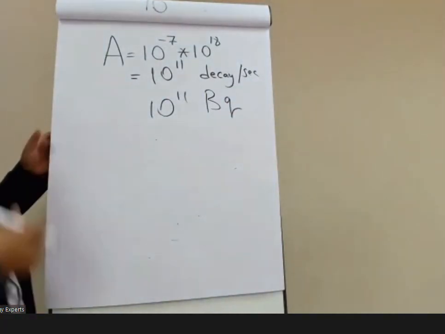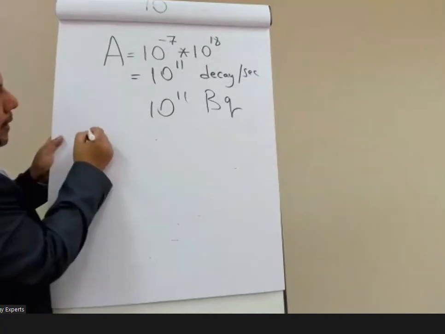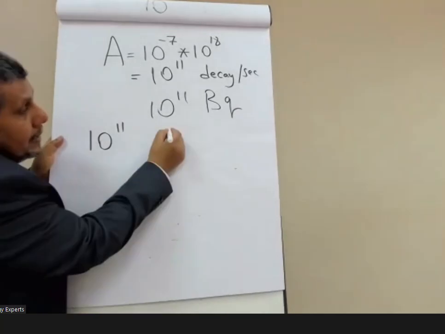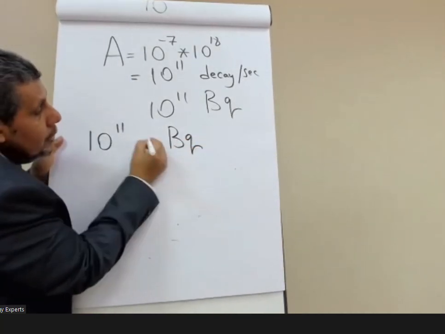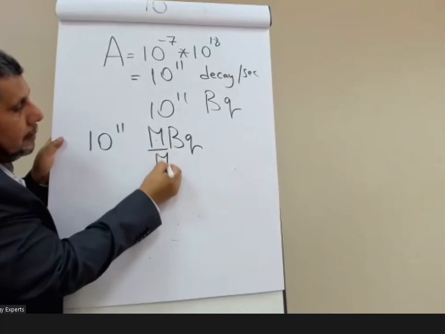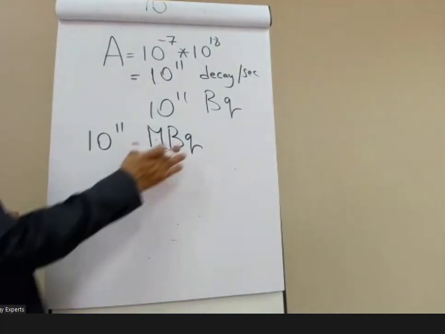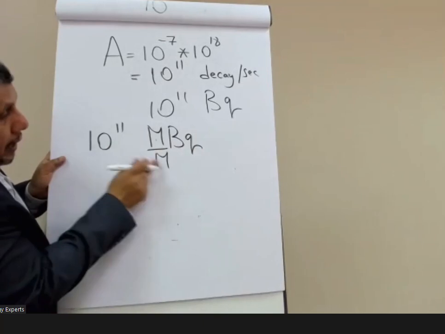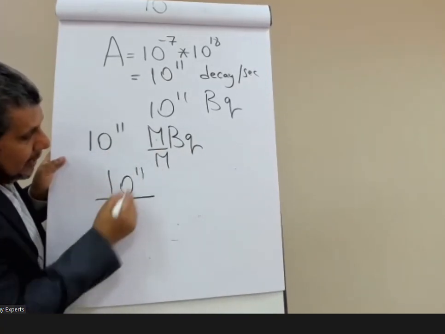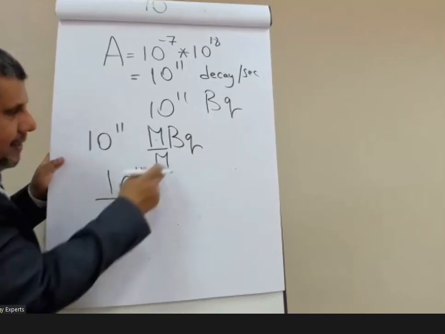He asked for it in megabecquerel. Okay, it's easy. 10 to the power 11 becquerel. I need to put only M and divide by M. Take this megabecquerel alone: give this M, 10 to the power 11, and the M is 10 to the power 6, million.